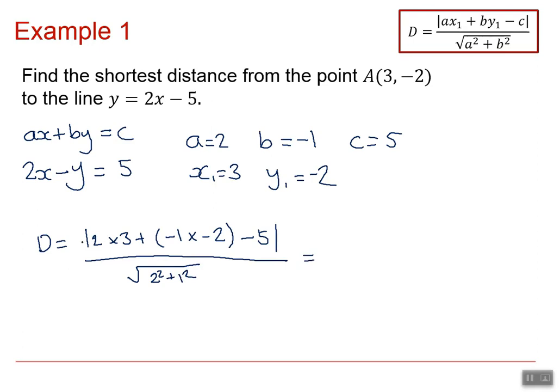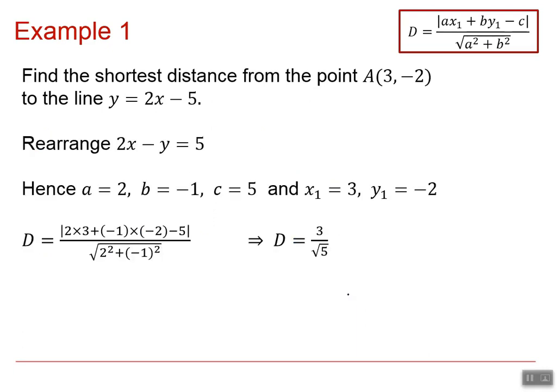When we simplify this, we end up with 6 plus 2 minus 5, which gives us 3. And on the bottom, we have 2 squared plus 1 squared, so this is going to be root 5. So the shortest distance from this point to this line is 3 over root 5. There's a neat version there to have a look at.